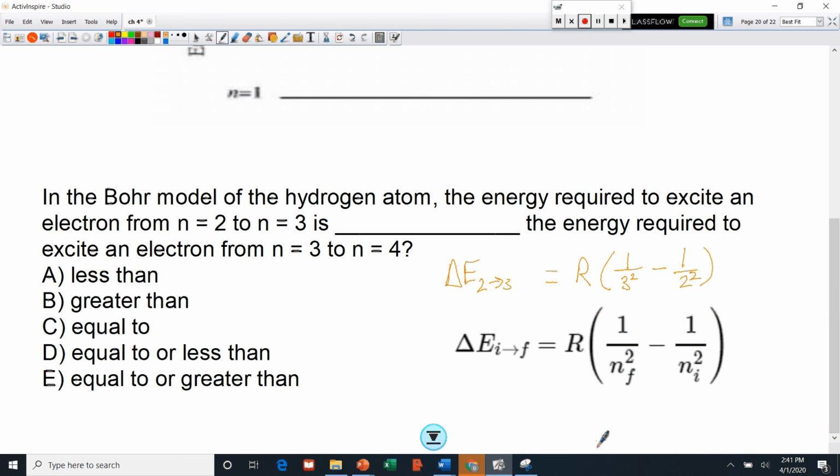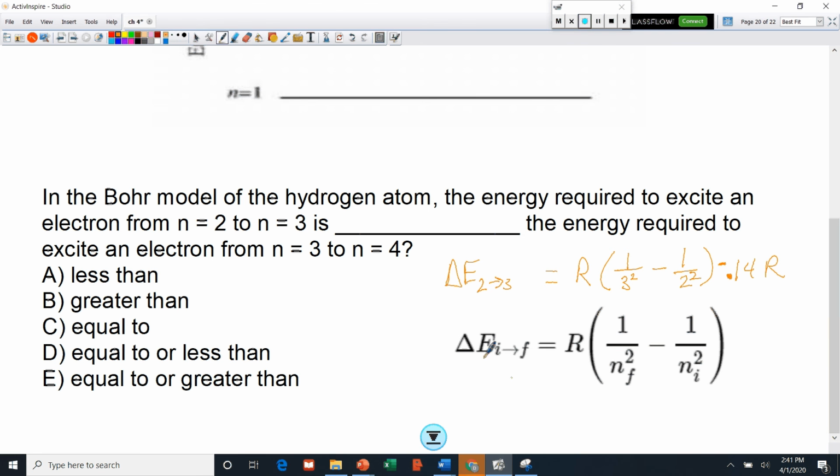When we solve that, the answer is negative 0.14R.